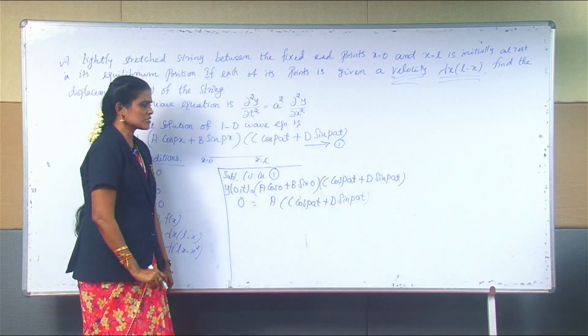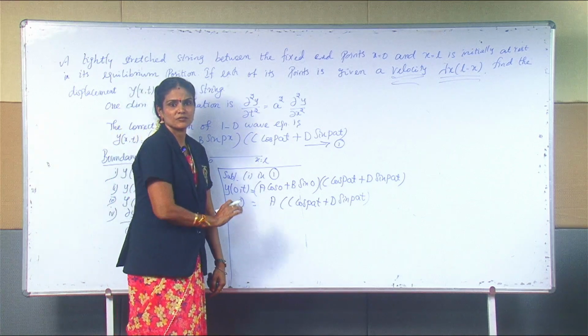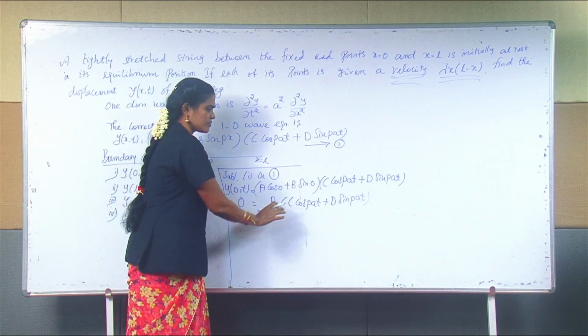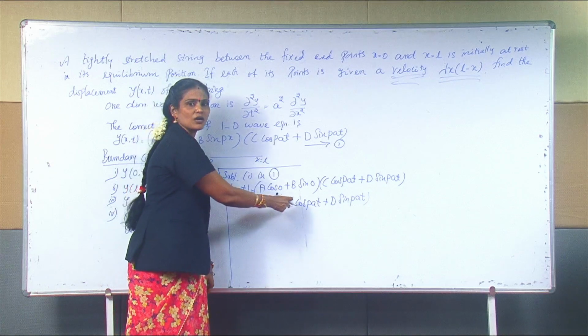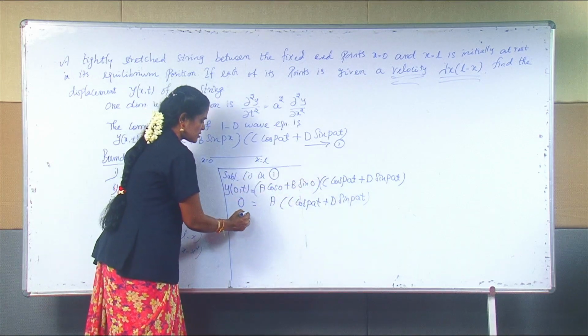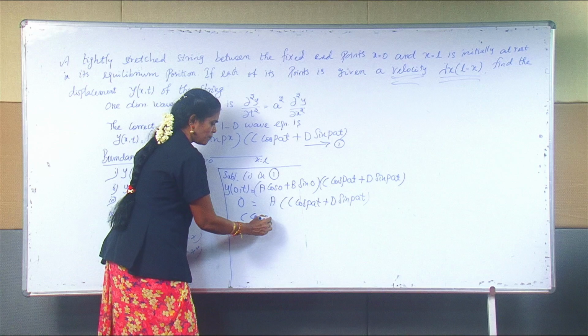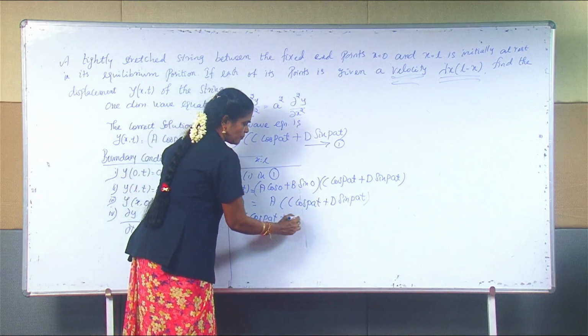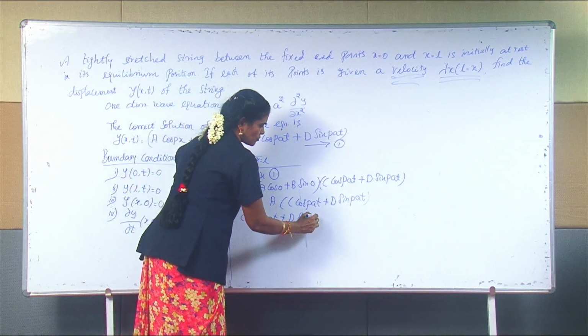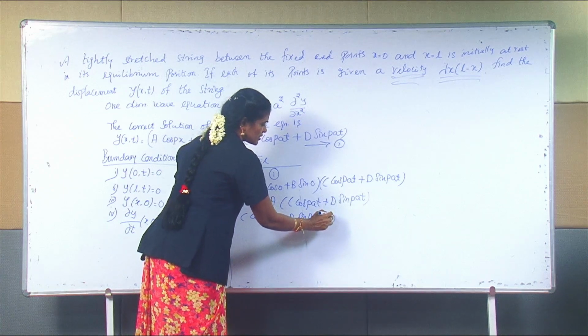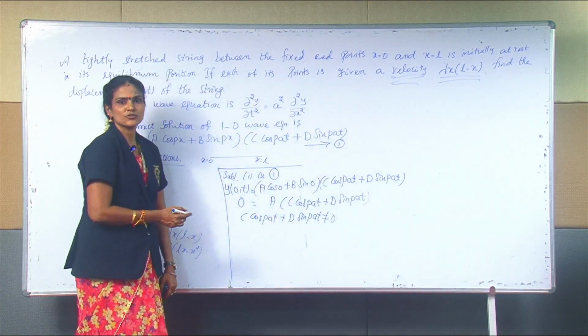So, a into c cos pat plus d sin pat value is 0 means we have two possibilities: either a value is 0 or the whole expression becomes 0. C cos pat plus d sin pat is not equal to 0, because if you substitute it as 0, your whole solution becomes 0.